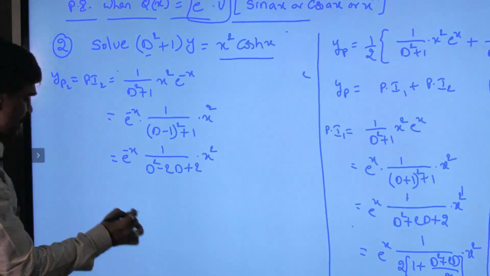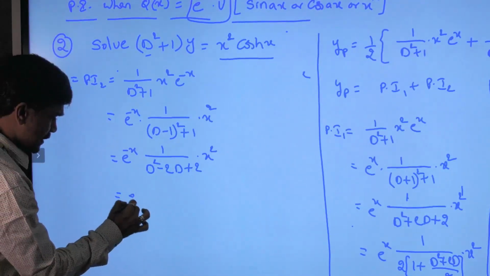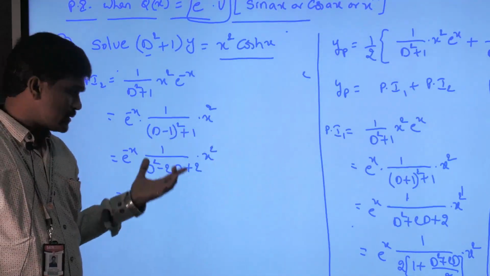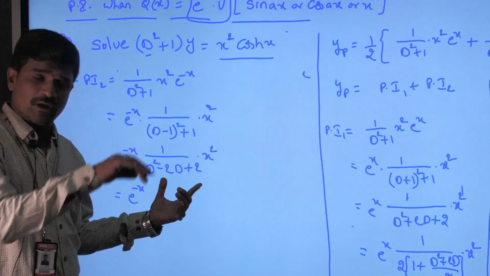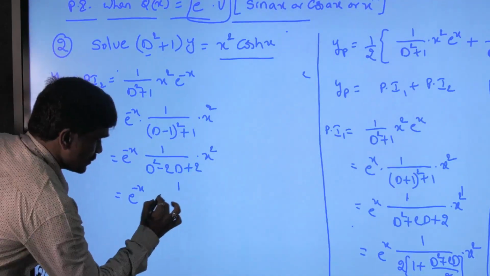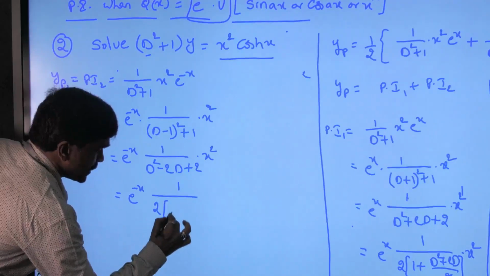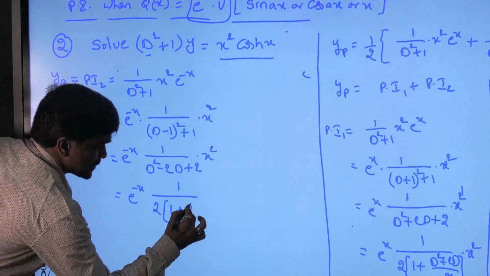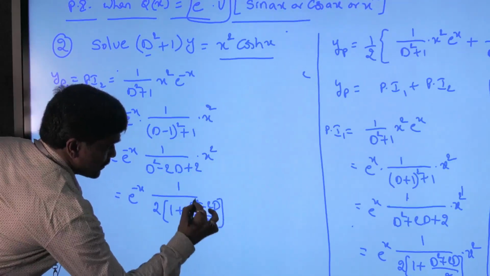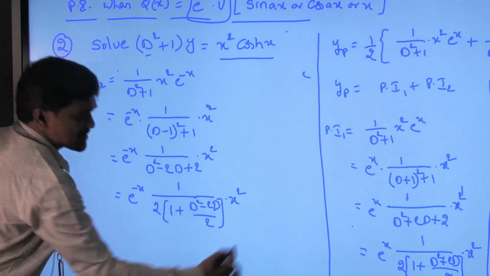Right, now here it is 1 by f(D) into x^k form, then write f(D) in the form of 1 plus or minus phi(D) form. So now take common 2 here, this can be 1 plus (D² - 2D) by 2, into x².